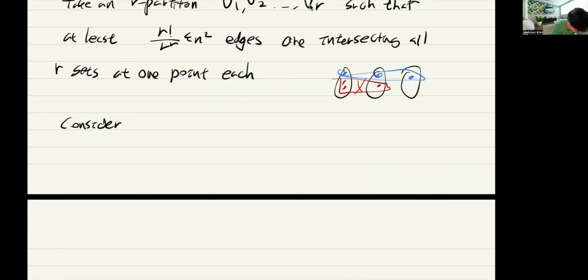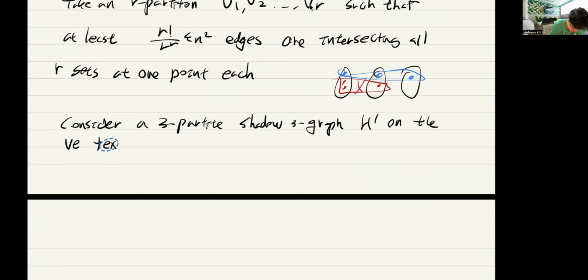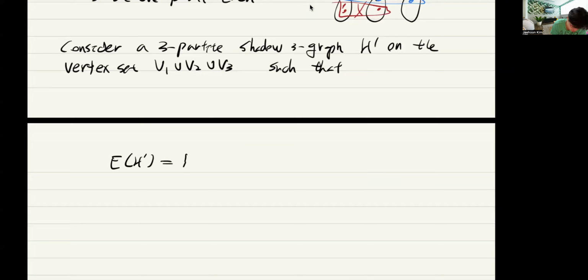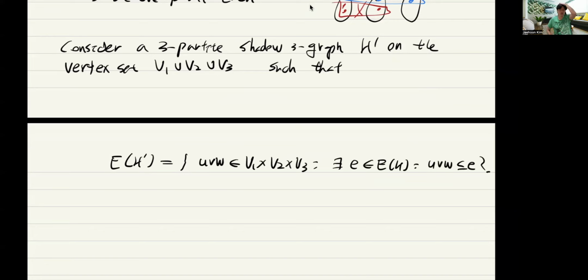So consider the 3-partite shadow 3-graph H' on the first 3 parts B1, B2, B3, such that its edges are triples which are contained in an edge in H. So again, shadow graph means that whenever you have an edge, you take all possible subsets of the right size inside of the hyperedge, and for that uniformity, you consider all possible subsets and you replace.